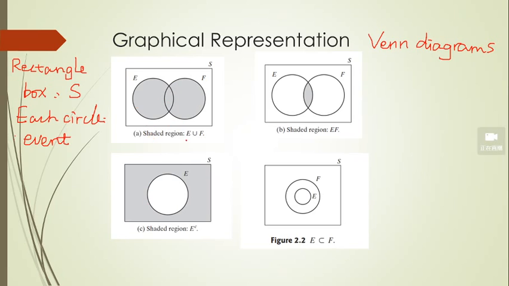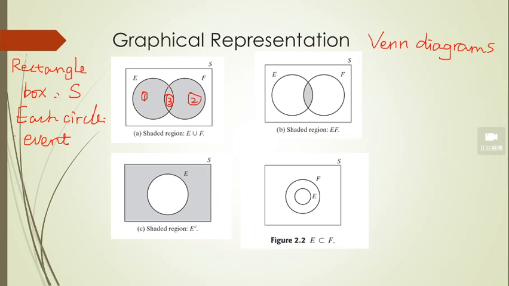If we have two events, E and F, the union, E union F or E or F, will be this shaded region. That is the outcomes either in E or in F or in both E and F.